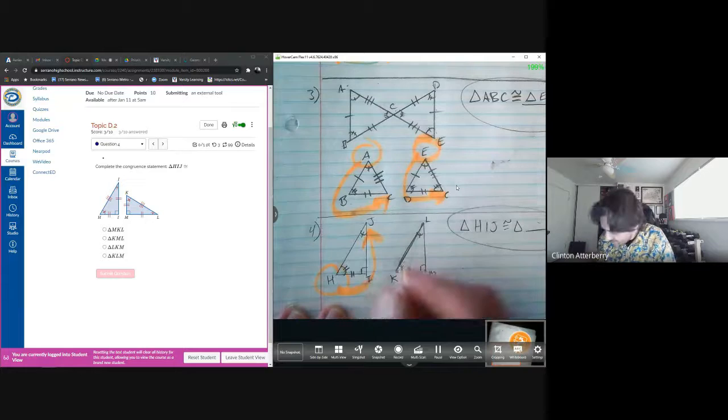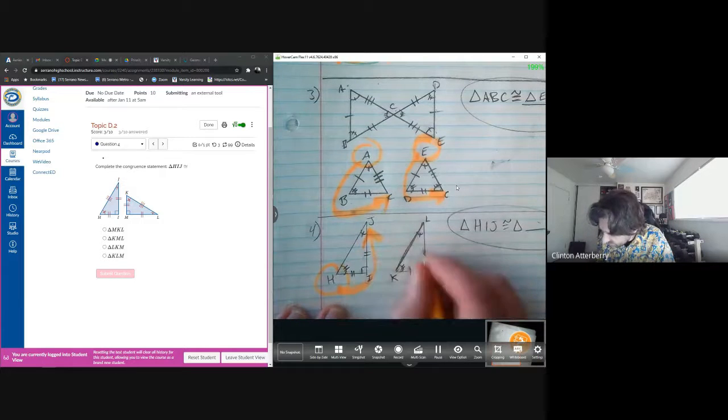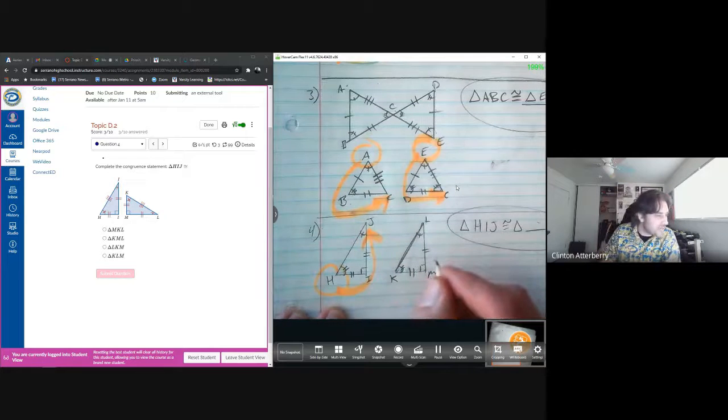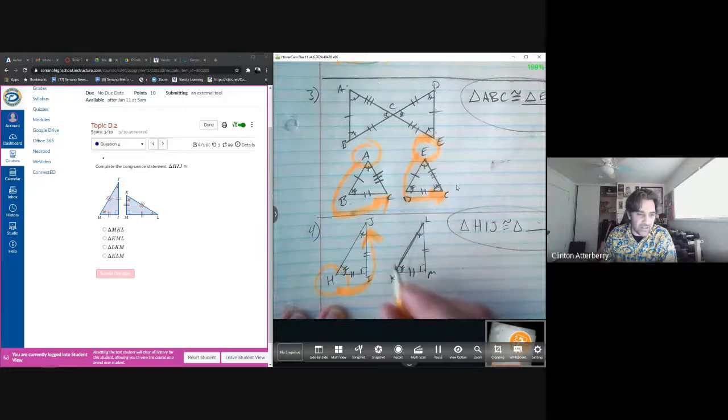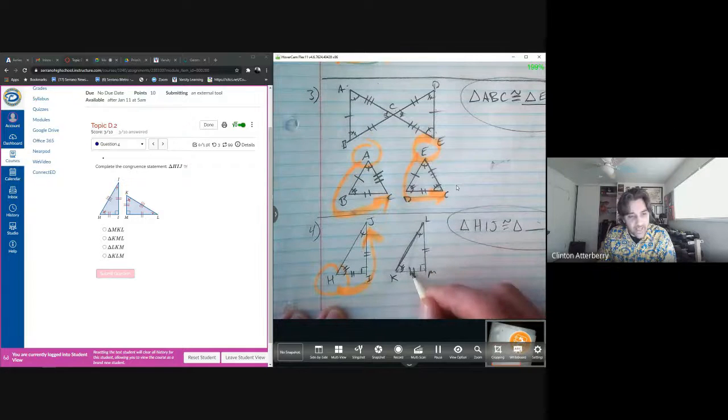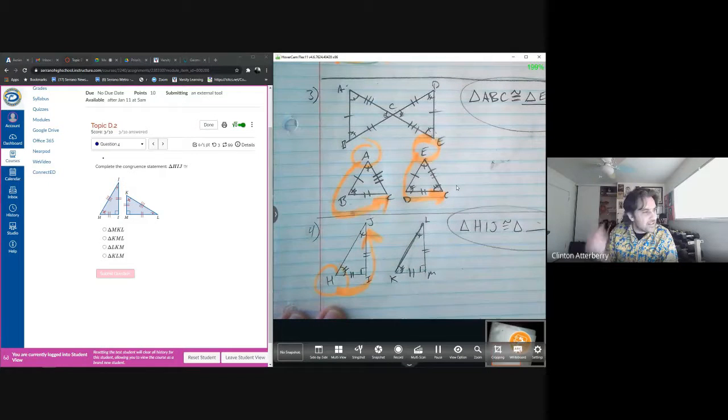So what that means, this is kind of a special thing, but I think they messed the picture up and that's okay. Usually when you see double marks in 2 spots like that, that means that this side length and this side length are the same. So if this equals 5, that would be 5, 5, 5, 5 all the way across. They might have messed up because of the way the picture looks, but it doesn't matter.